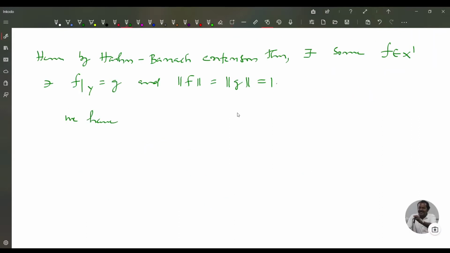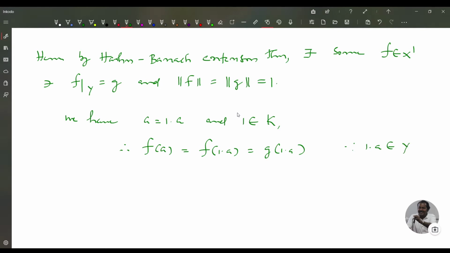We have a equal to 1 into a and 1 belongs to K. Therefore f of a equals f of 1 into a, which equals g of 1 into a because 1 into a belongs to Y. So this is 1 into norm a, that is norm a. That is, f of a equals norm a.